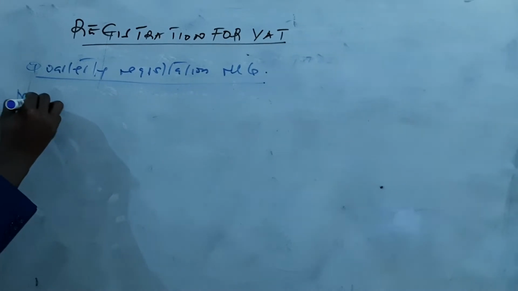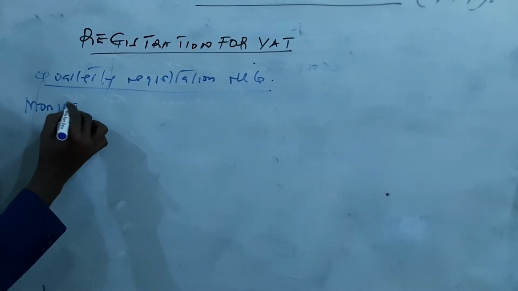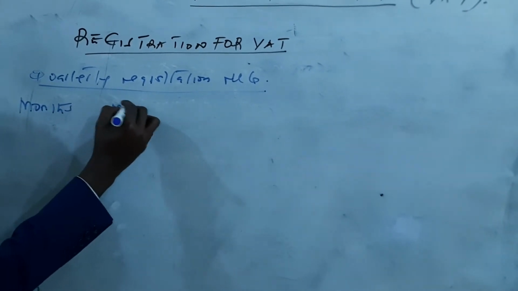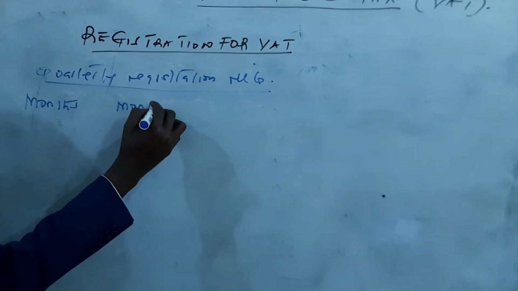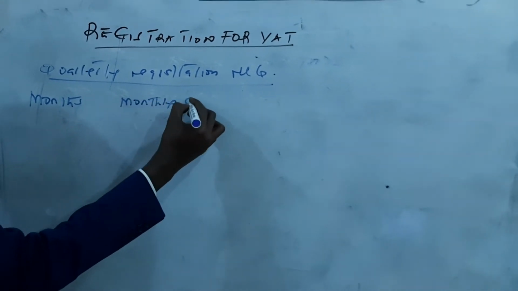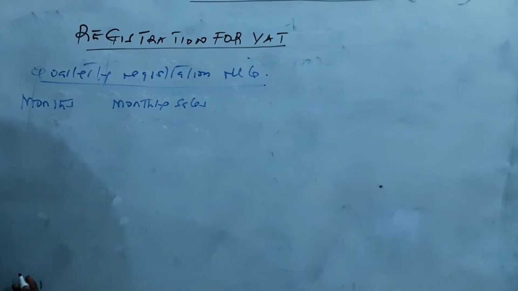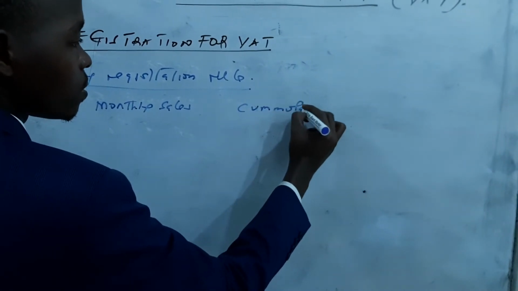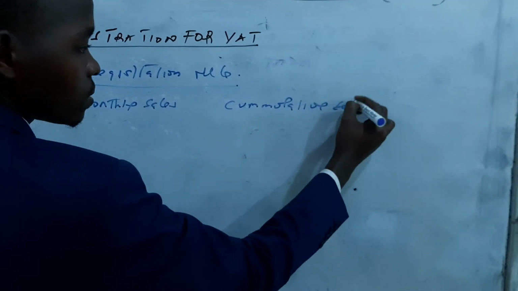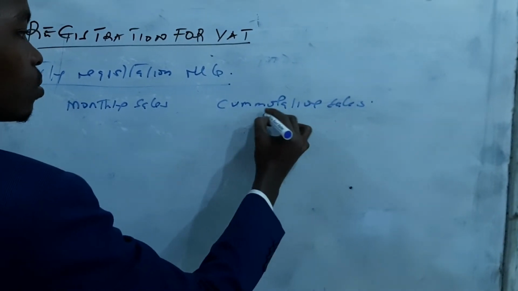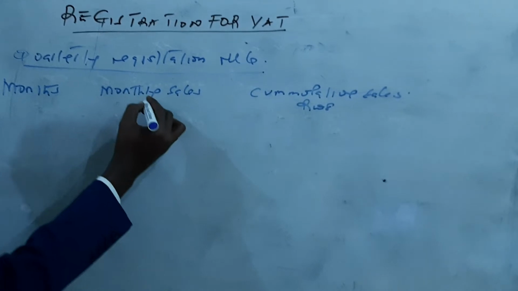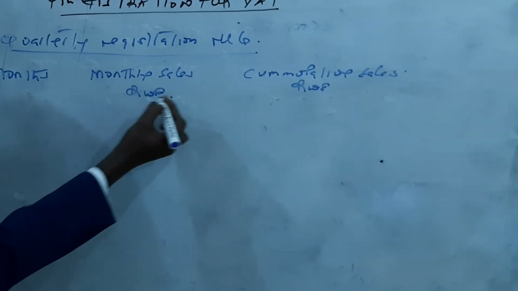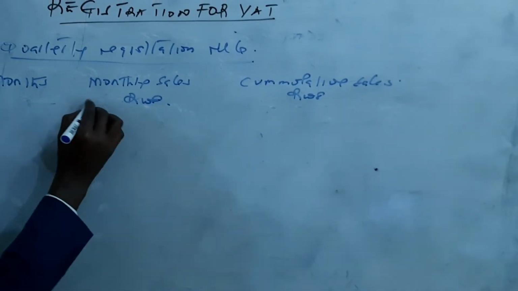So here you write month, you write monthly sales, you write cumulative sales in Rwandan francs.